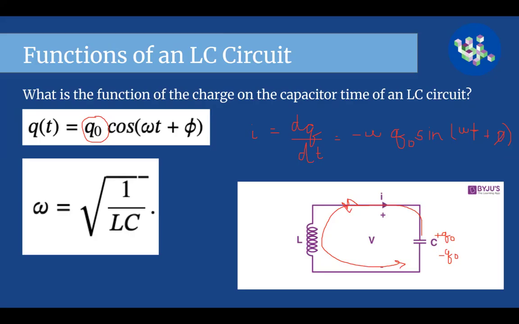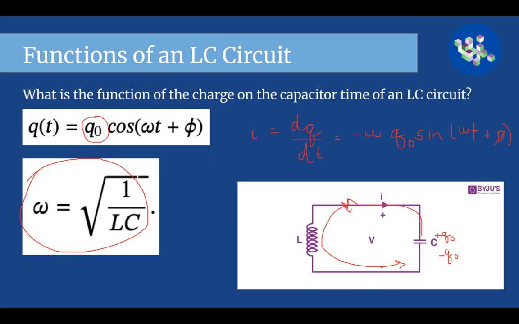And one thing I forgot to note is that omega equals the square root of 1 over LC. This is just from the math that you solve. And this is the angular frequency of the oscillation. And that's basically it.